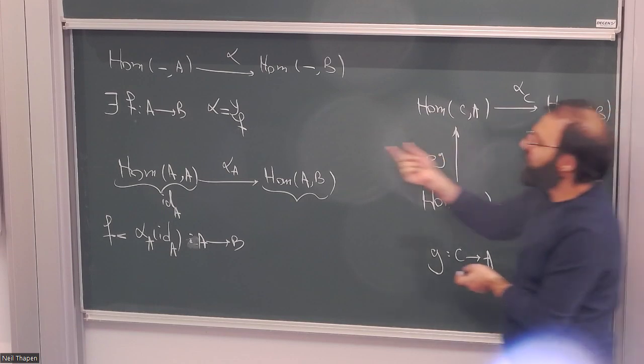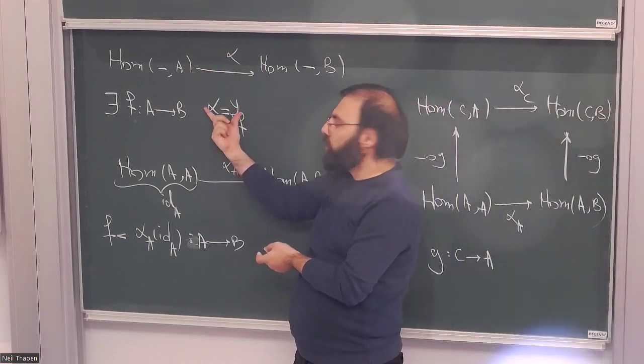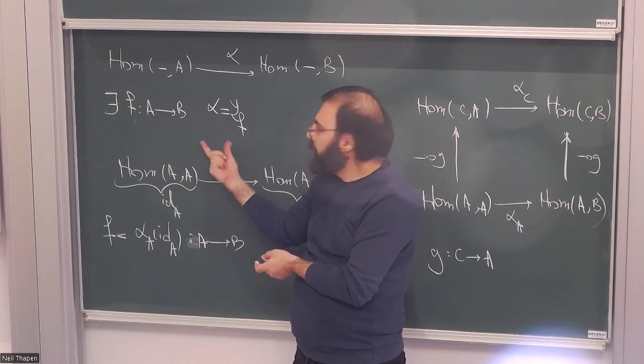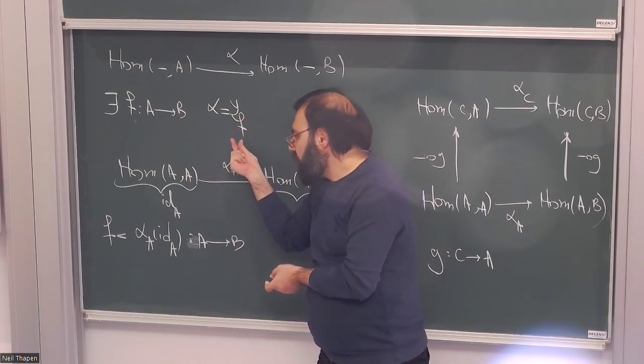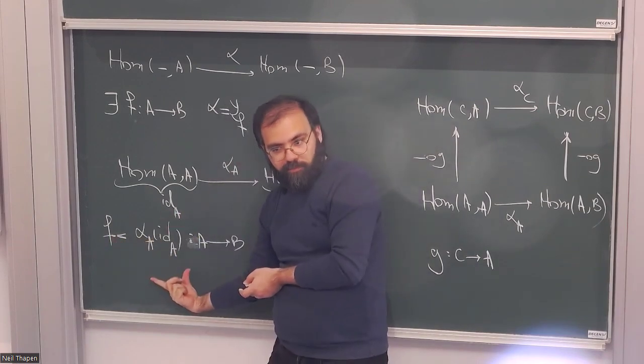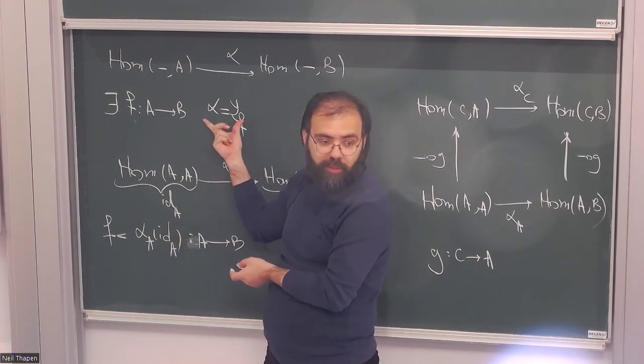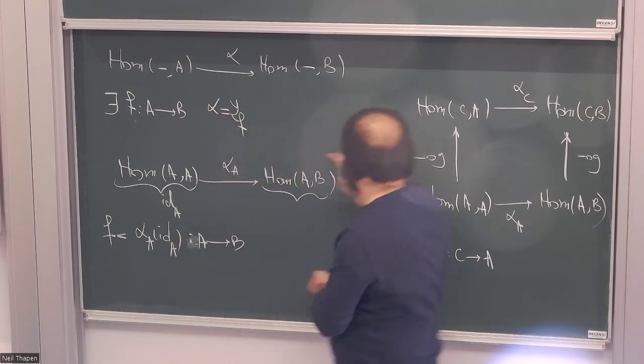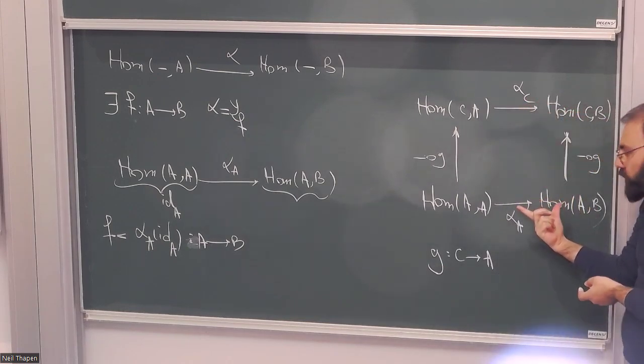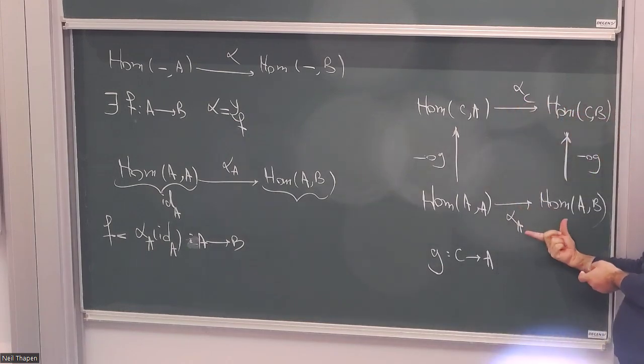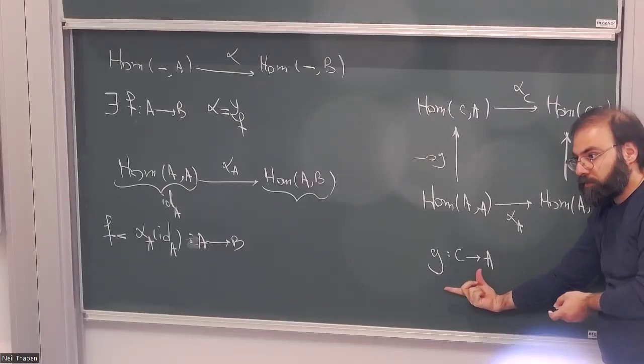Again, I have one alpha. My claim is that alpha is in this form. First, I have to propose one F. This is my F. And I have to now show the equality. To do that, I say that, okay, alpha is natural. Therefore, I have this, right, for any G.